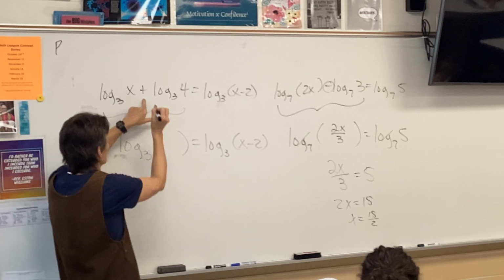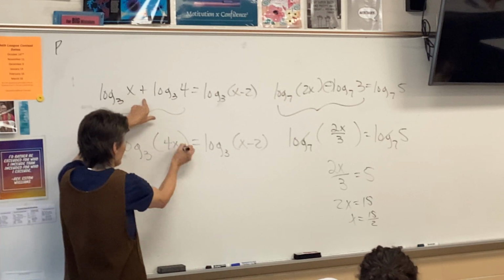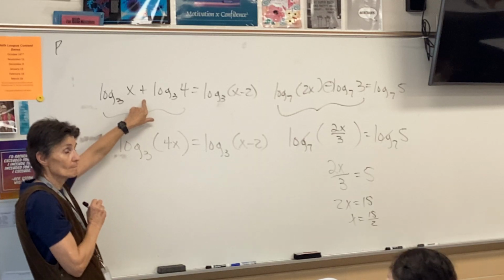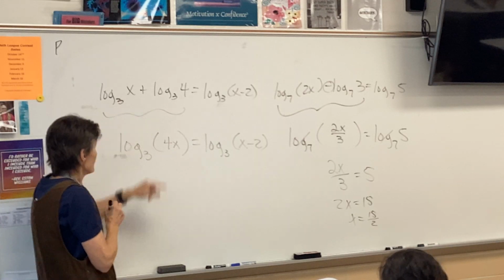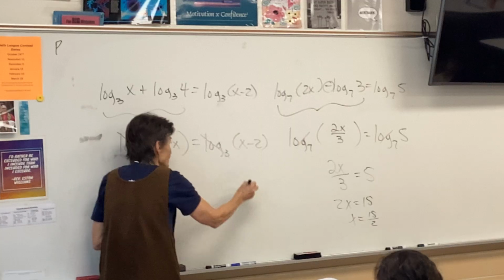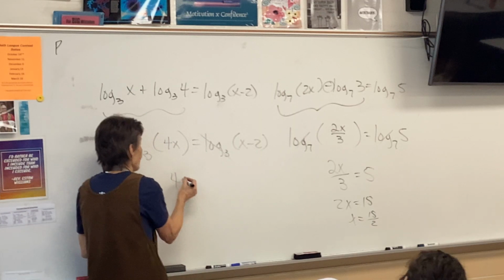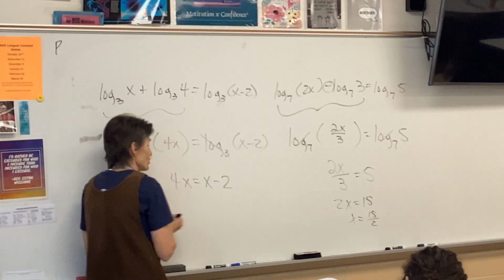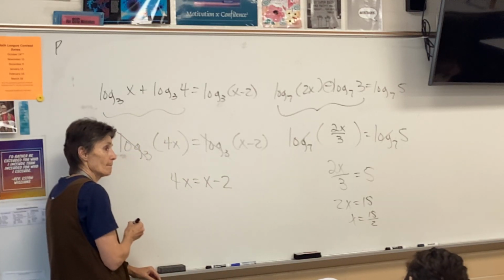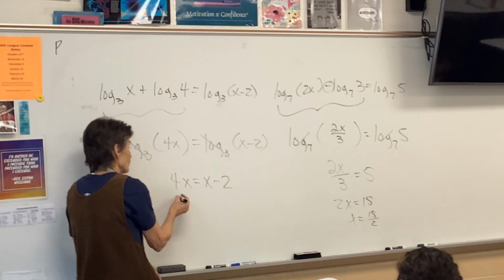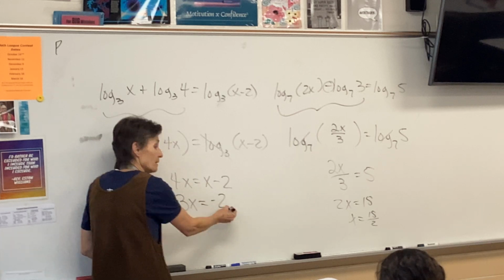Plus, this will be a multiply. Since I got logs on both sides, I can disregard them. And 4x equals x minus 2. So 3x equals negative 2.